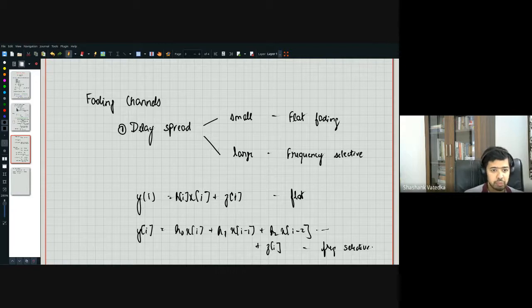And note that if the channel is frequency selective, then it has memory. So it is not memoryless. Whereas a flat fading channel can be memoryless.